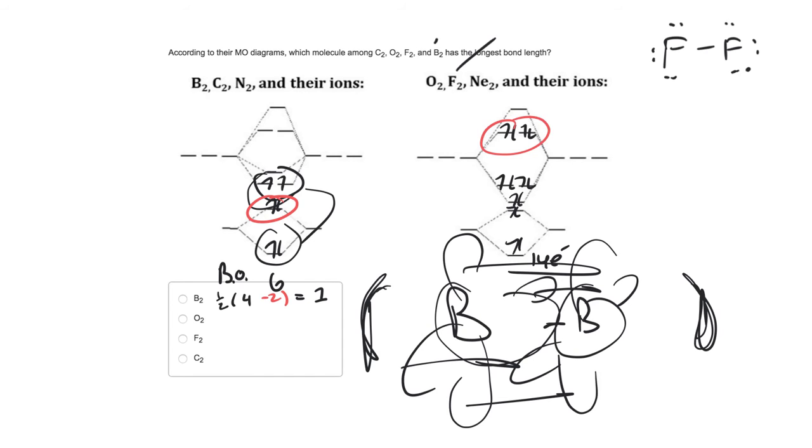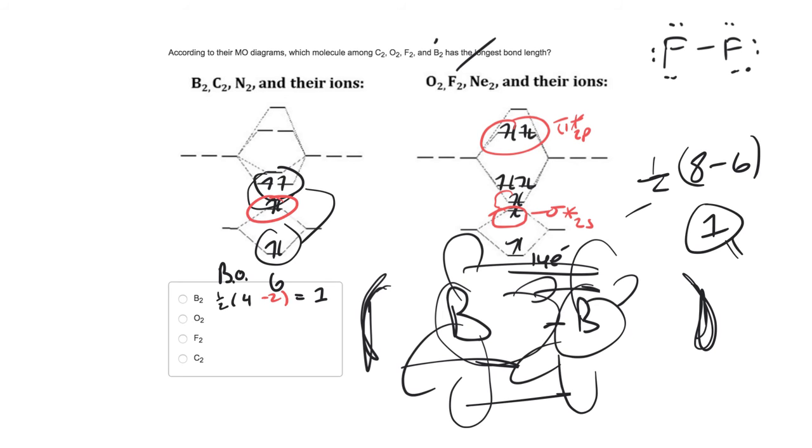And then our anti-bonding electrons are these 2 here. So this is sigma star 2s. This is the pi star 2p. These are the only star electrons. So our F2 bond order from the MO diagram would be 8 bonding electrons, 6 anti-bonding. So 8 bonding minus 6 anti-bonding gives us a net bond order of 1 for a single bond.